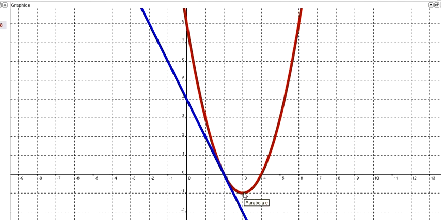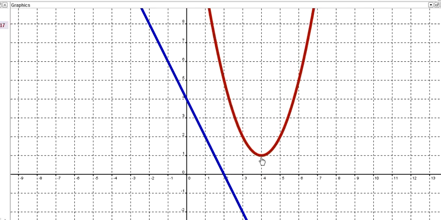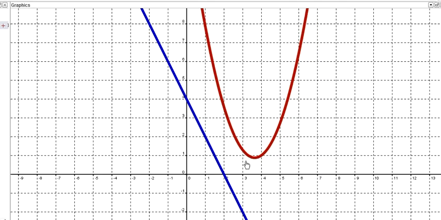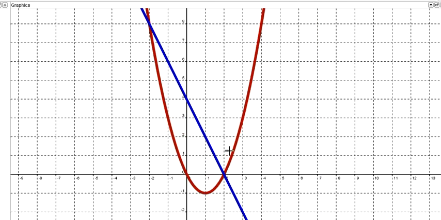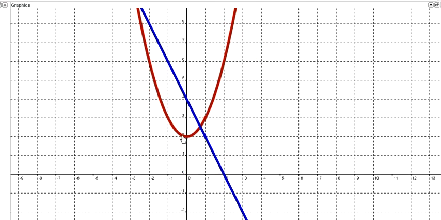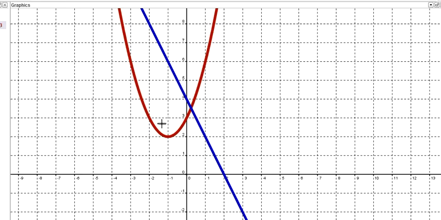It doesn't mean that there's only going to be one solution on these type of problems. For example, we could have no solutions. We might have the line and the parabola never touch. That could certainly happen. You might have no solution. You also could have two solutions. So notice here it's still touching at 2, 0, but they're also intersecting at negative 2, 8. And who knows where it's at?